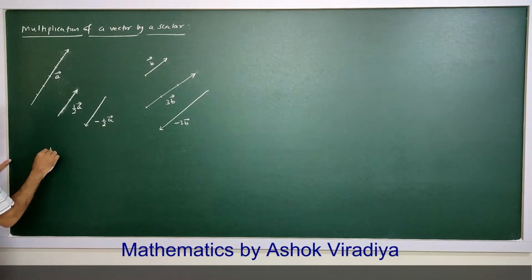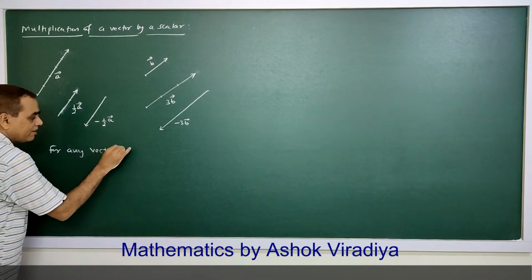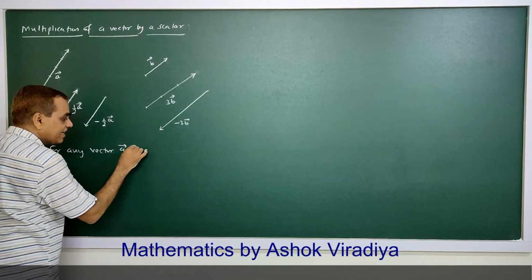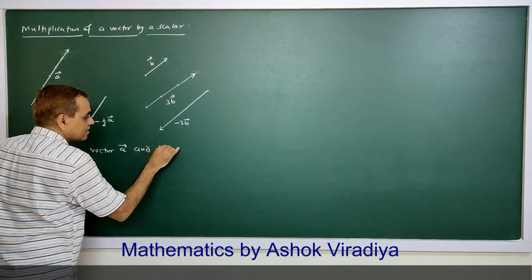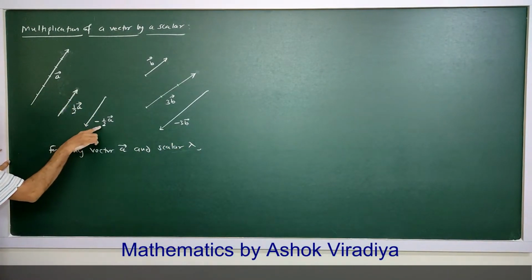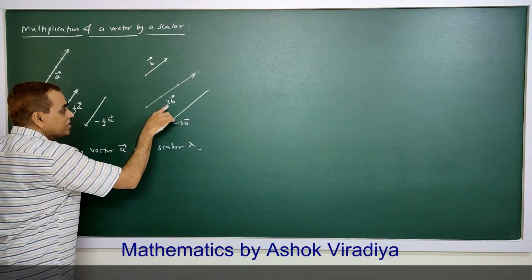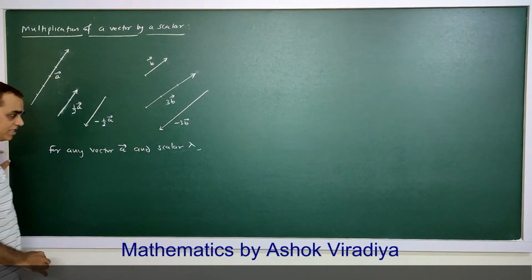So for any vector a bar or vector a and scalar lambda, here lambda is minus half, here lambda is plus half, here lambda is 3, here lambda is minus 3.